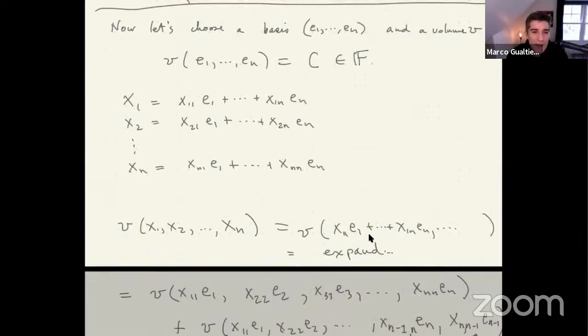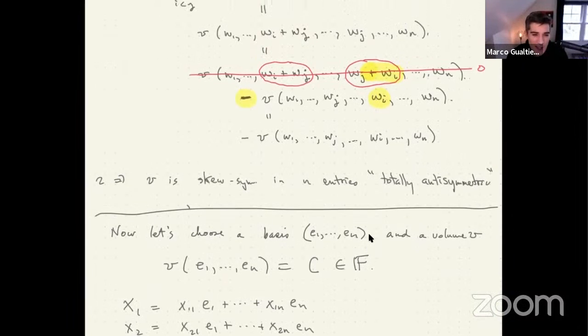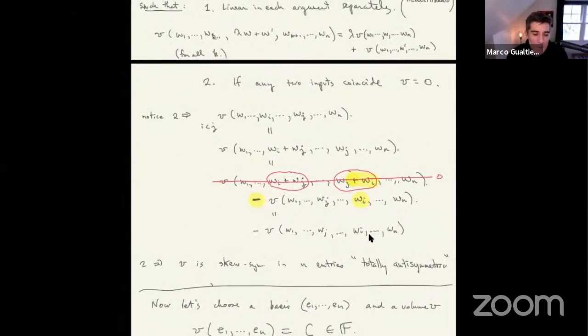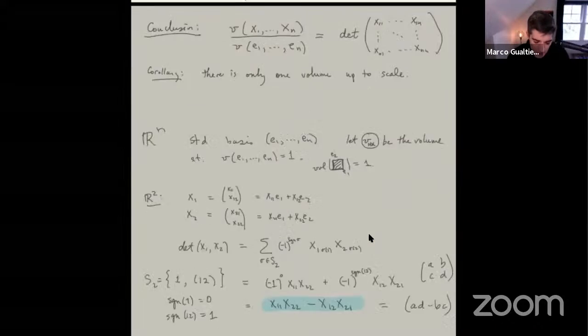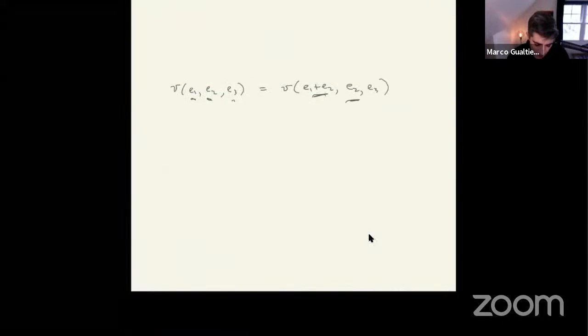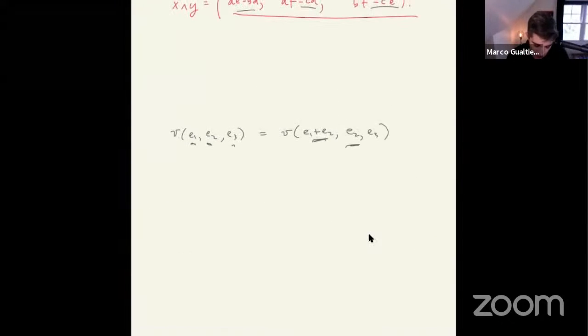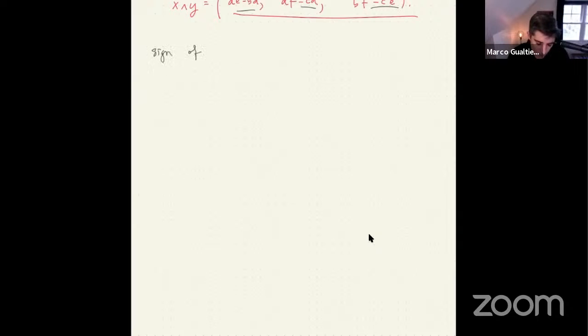And this idea that the volume has a sign, that's also very important. Maybe I'll just mention that the sign of the volume is known as an orientation.